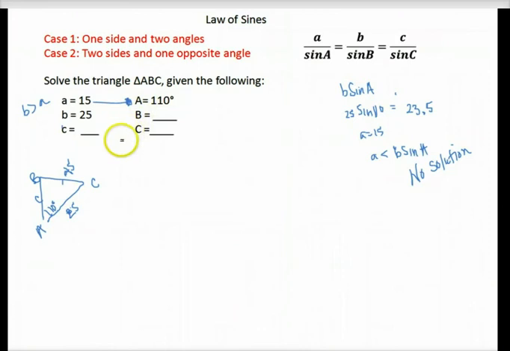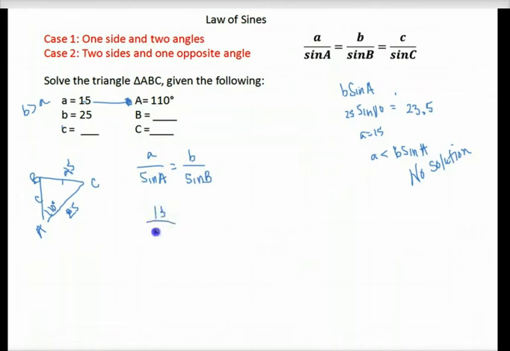If we were to solve this triangle, how would we start? Well, we can't find missing angles B and C because we only have one angle in our triangle. What we'll have to do instead is use the law of sines. We have a and capital A, so we can use a over sine A to find the missing parts. We know b, so we'll start by finding angle B. Put in the parts we know.